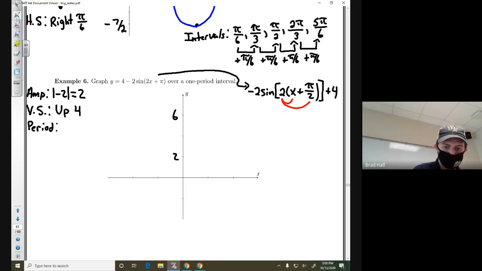So what's the period? It is just pi. Because you would say, all right, 2 pi, unless there's something multiplying the x. There is. It's a 2. You divide by 2, and you get pi.